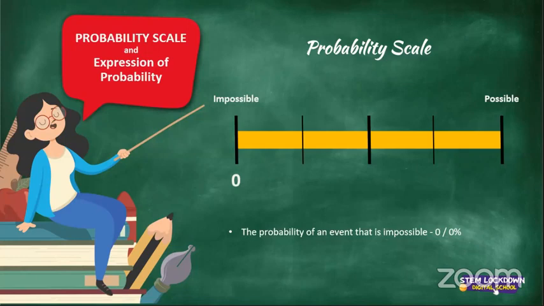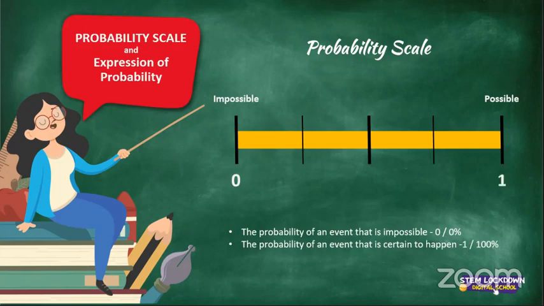On the probability scale, what do we use? So for impossible, we use 0 on the probability scale. For possible, on the other end, what would we use? We would just use a 1. There we go. So the probability of an event that is certain to happen would be 1 or 100%.